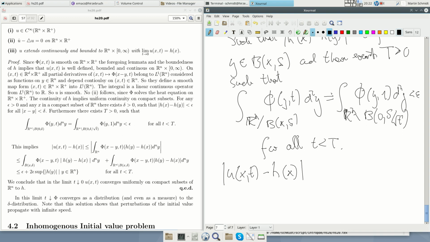This is of course smaller or equal to the integral over Rn of phi of x minus y, t, times h of y minus h of x, dy.